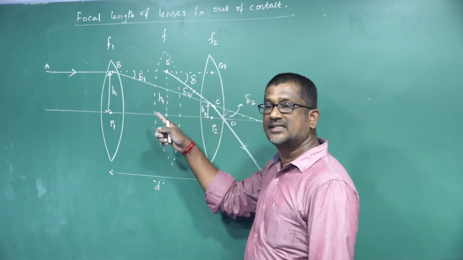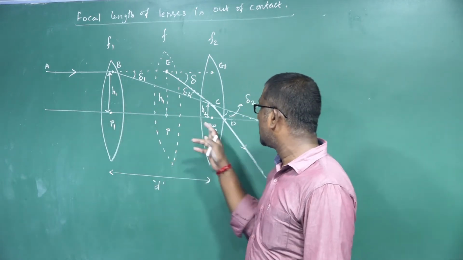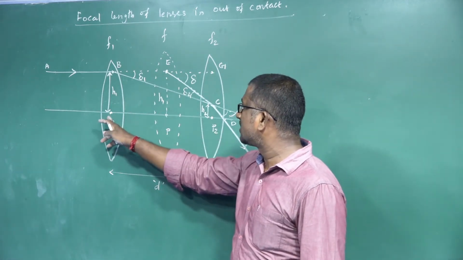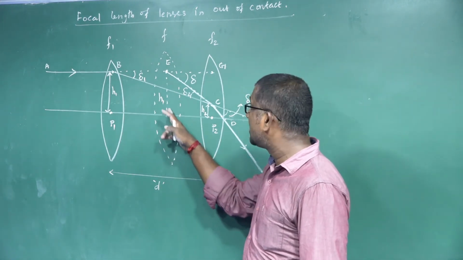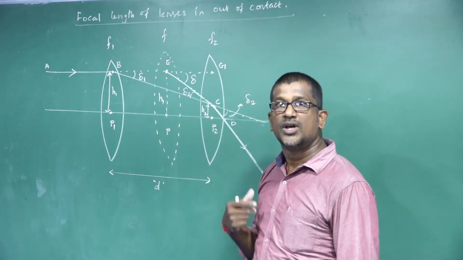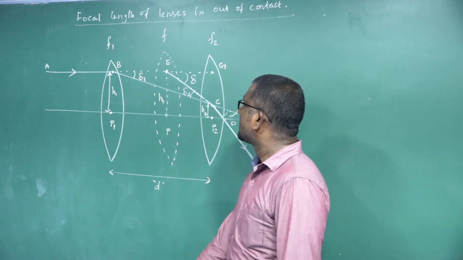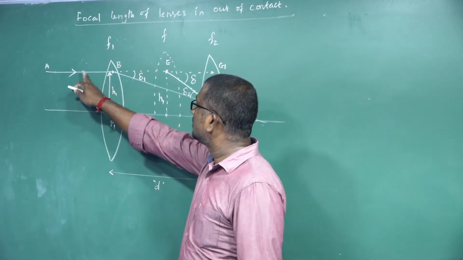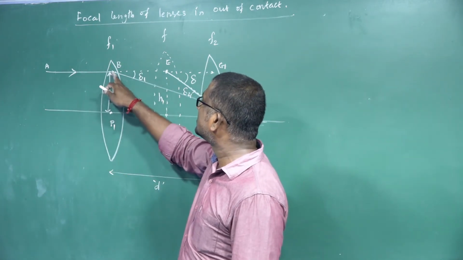But for this case, the common optic center cannot be chosen. So P1 and P2 are the optic centers of the first and second lens, and P is the optic center of the new lens, that is, the equivalent lens.